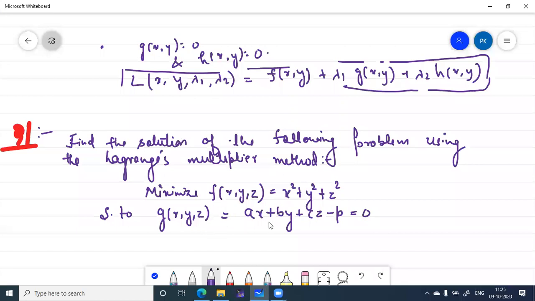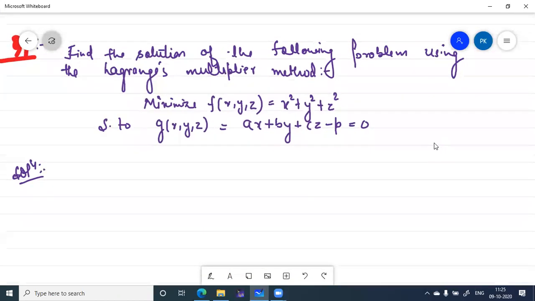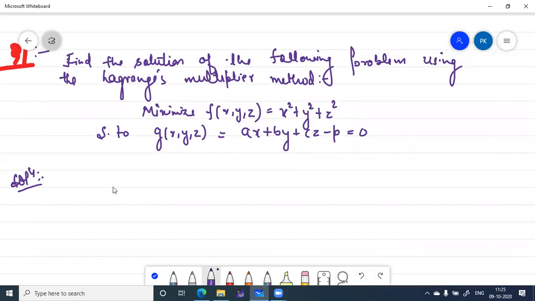Now we have one equality here, so it consists of only one multiplier. Look at the solution. First, I'm defining the Lagrangian function.